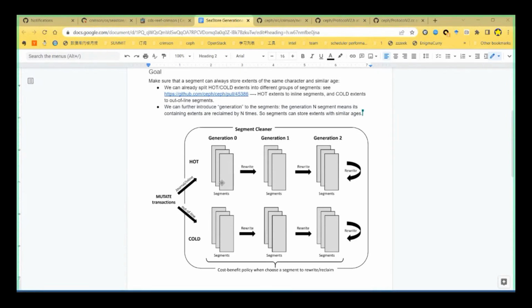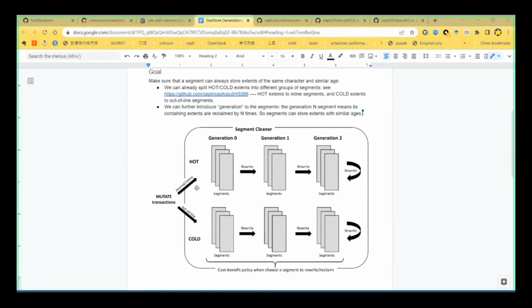Okay. Is there any point at which you demote an extent to a cold segment? I think it will always promote from generation 0 to 2. Sure, but what if it goes from hot generation 10 to cold generation 5?